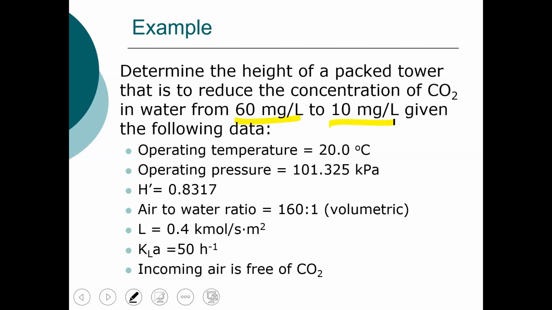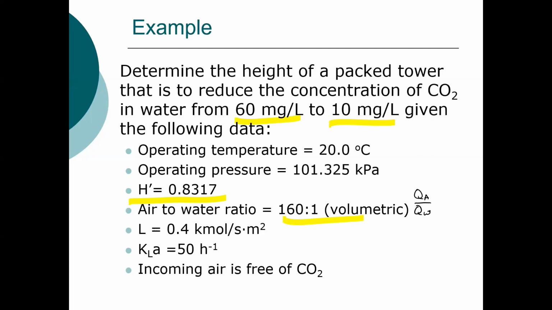You're given an operating temperature, a pressure. This is the dimensionless Henry's constant. You're given an air to water volumetric flow rate, so this is Q air to QW. Okay, and it's the volumetric flow rate.